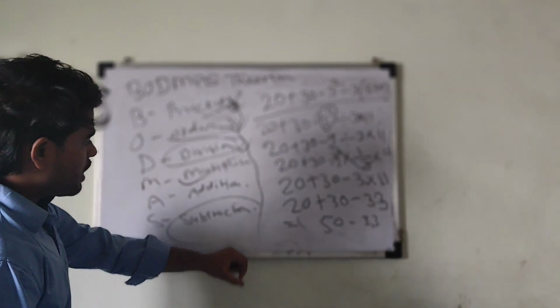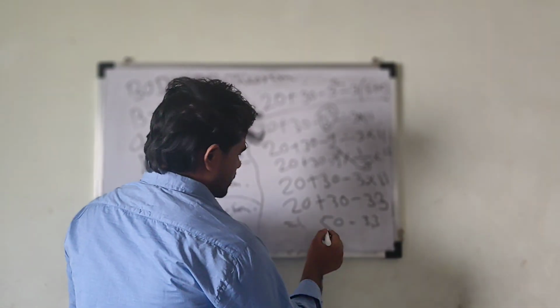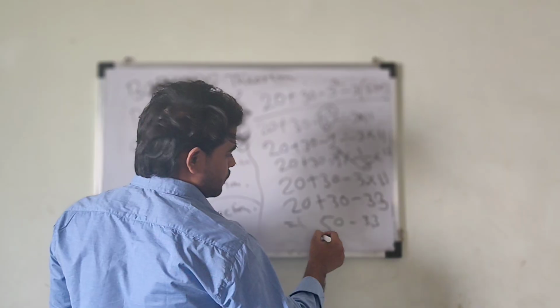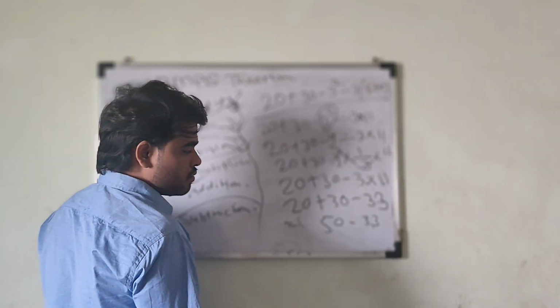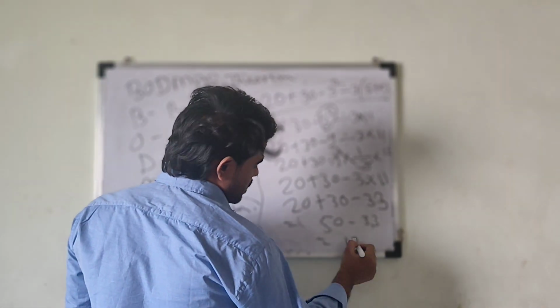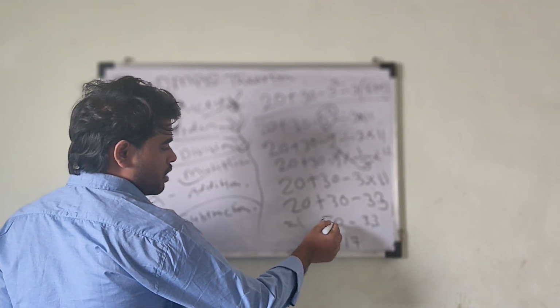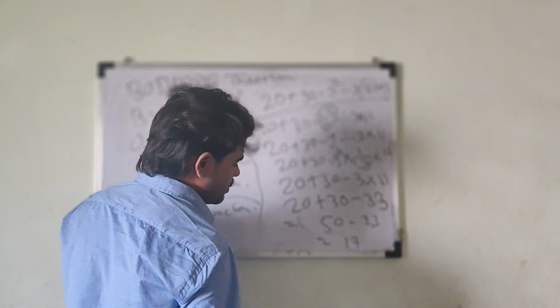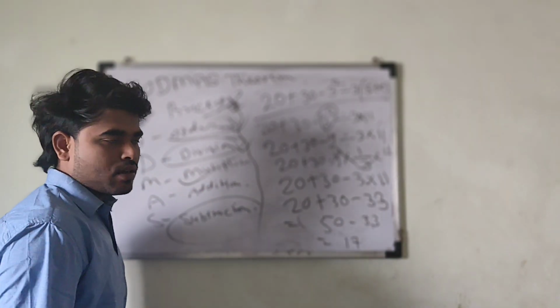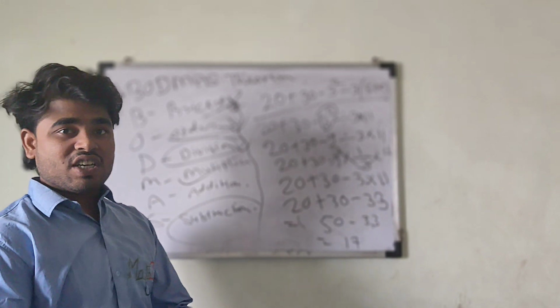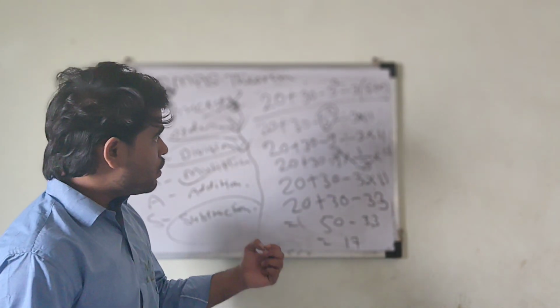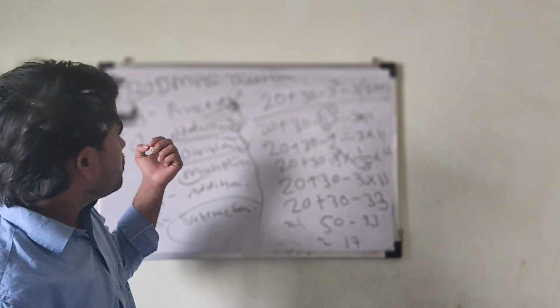Now we subtract: 50 minus 33 equals 17. That's it. It's easy and everyone has to know that theorem.